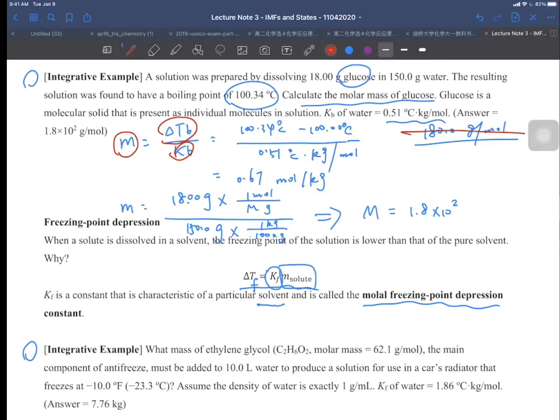So the 100 should have infinite significant figures, right? Because 100 is kind of a constant. So you got the molality with only two significant figures, both determined by the 0.34 and also by the 0.51.